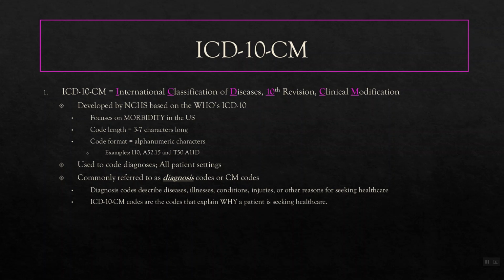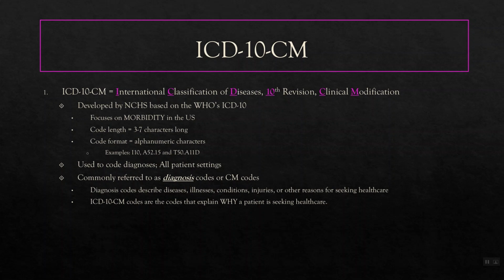So I like to think of medical coding as translating the story of the patient into alphanumeric codes. So we're telling the story of why the patient's seeking treatment, what happened to the patient while they're here, and we need to tell that story in as much detail as possible.